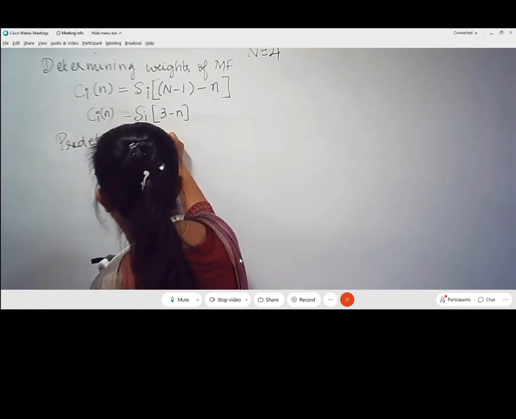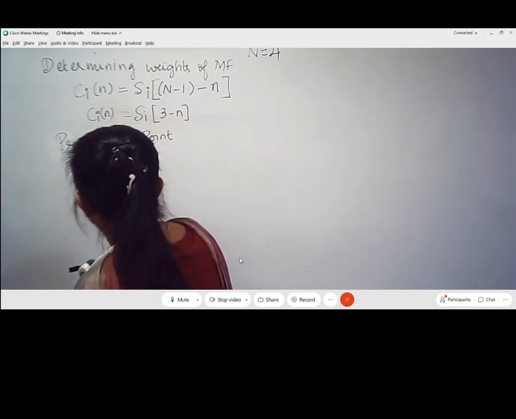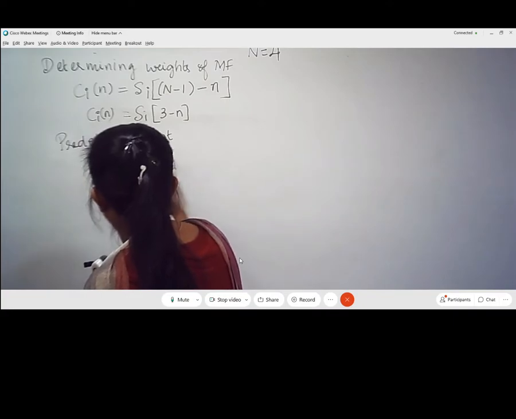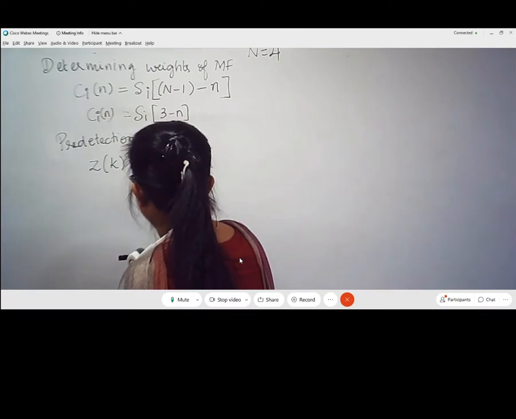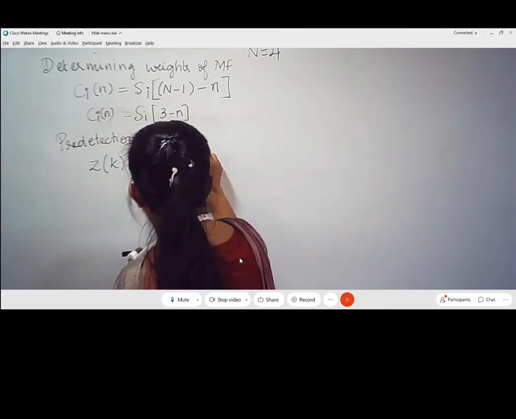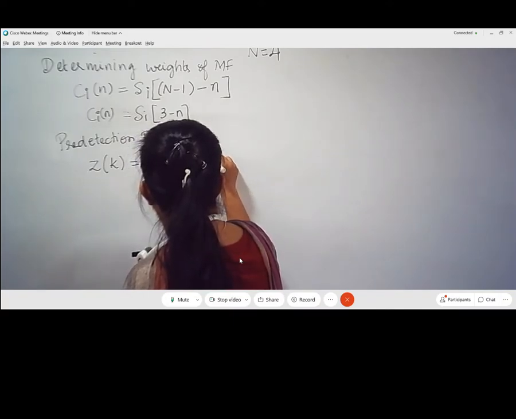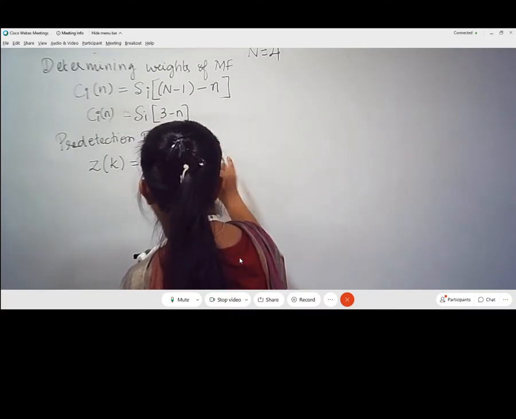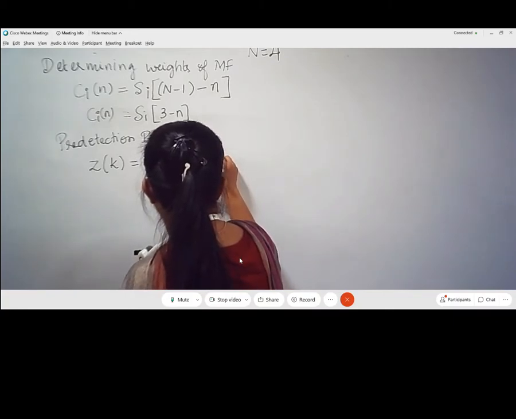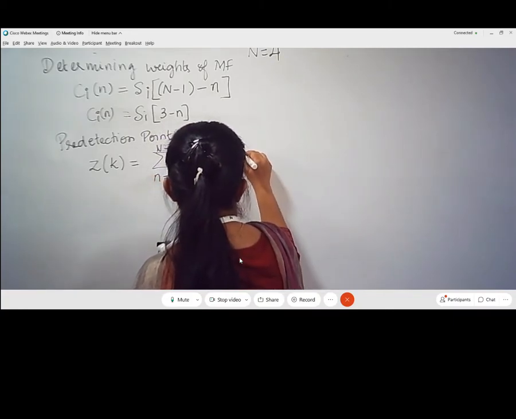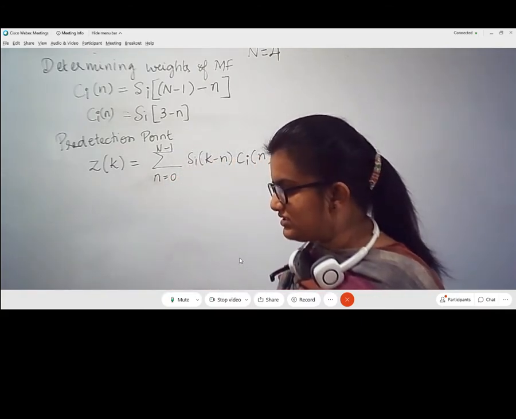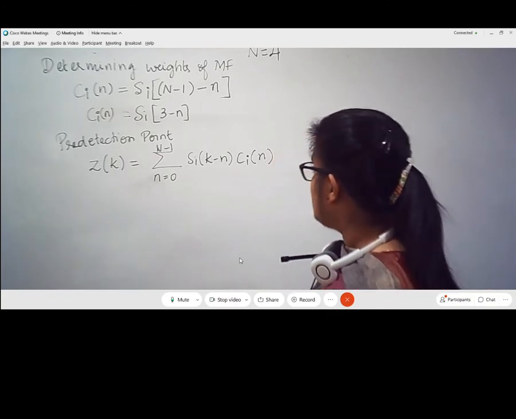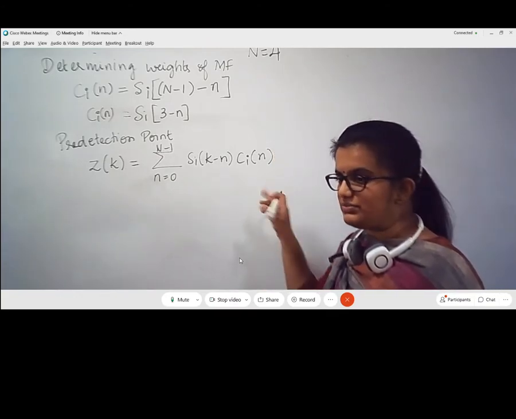So the pre-detection point is obtained by making use of the discrete time convolution, where Z of k is equal to the summation, n running from 0 to capital N minus 1, of Si of k minus n times Ci of n. So this is how the summation or convolution equation will look for the pre-detection point.